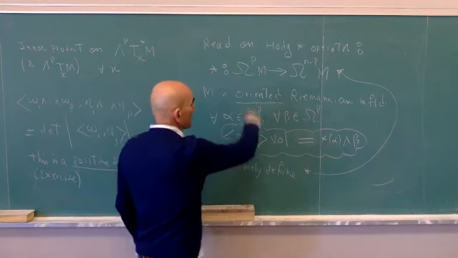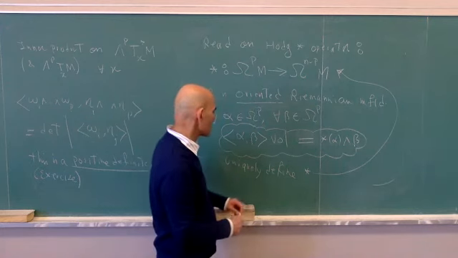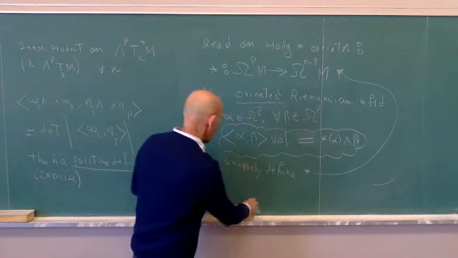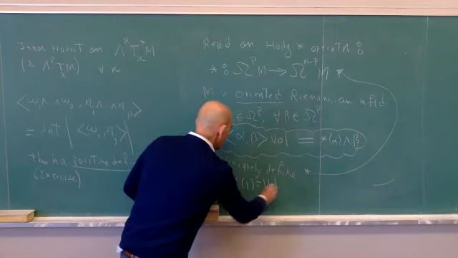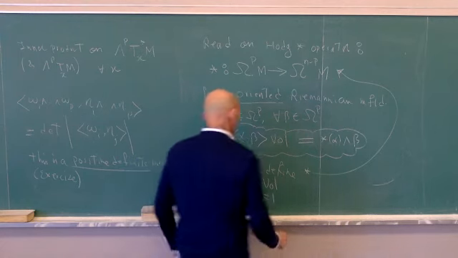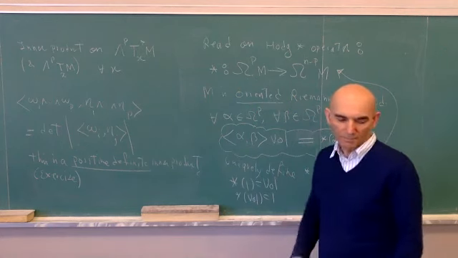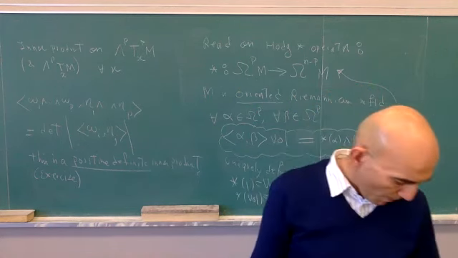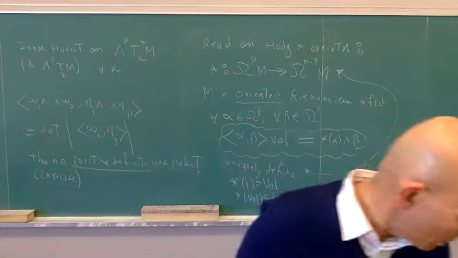So this is the Hodge star. For example, the star of 1 is vol, and the star of vol is 1. And yeah, you can just do some other things. Okay, guys, so I think we are done for now.